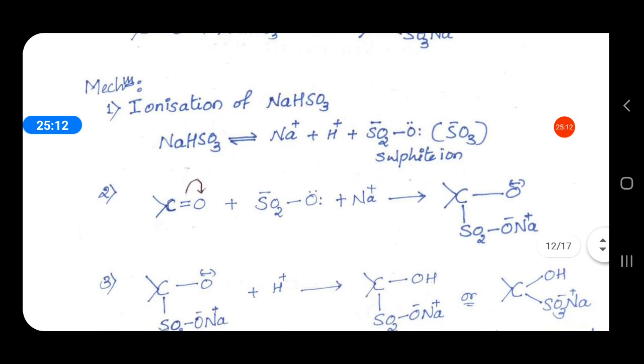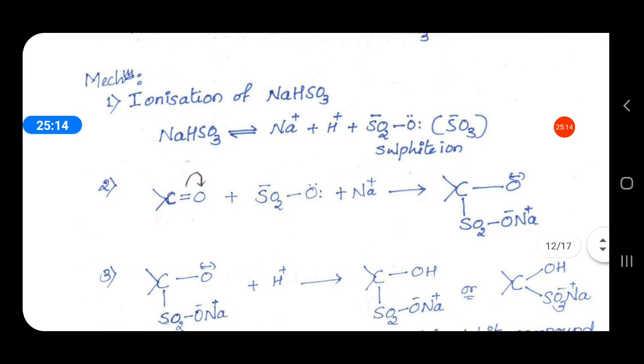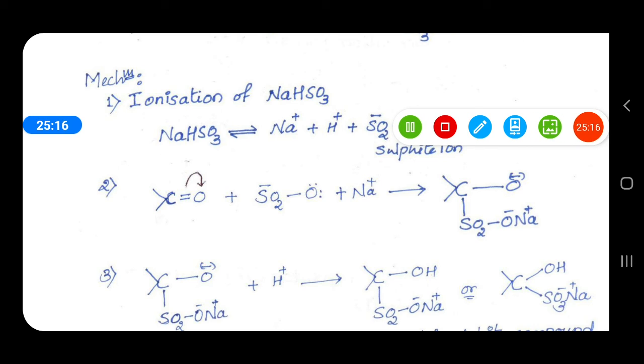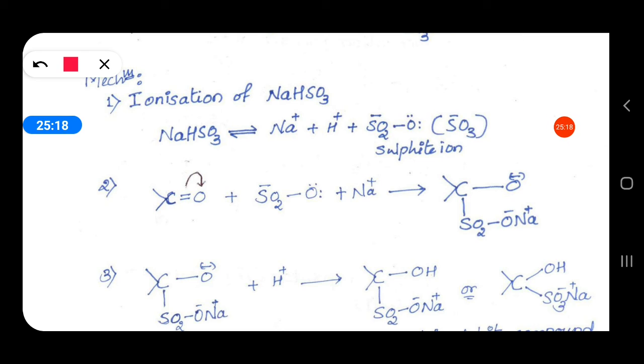The mechanism of this reaction is, in the first step, ionization of sodium bisulfite takes place. It ionizes as Na plus, H plus and SO3 minus. Sulfite ion is formed. This sulfite ion, along with Na plus, reacts with the carbonyl group.